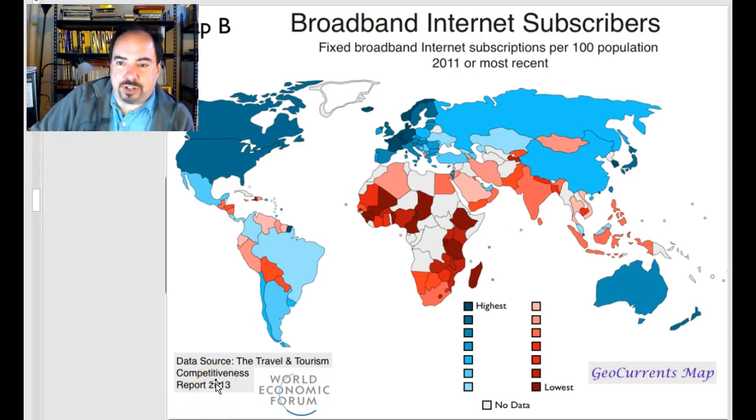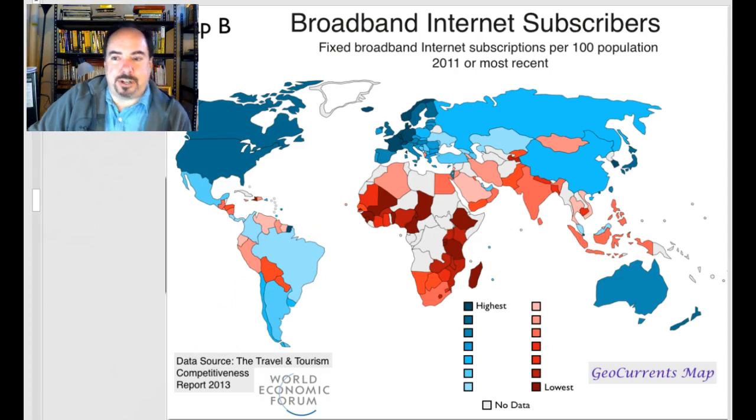But the story hasn't changed that much going up to 2019. Obviously, the U.S. is doing well in terms of number of people that have access to broadband. Notice in South America there are issues, Central America there are issues, all over Africa there are issues, as well as the Middle East and parts of Asia.